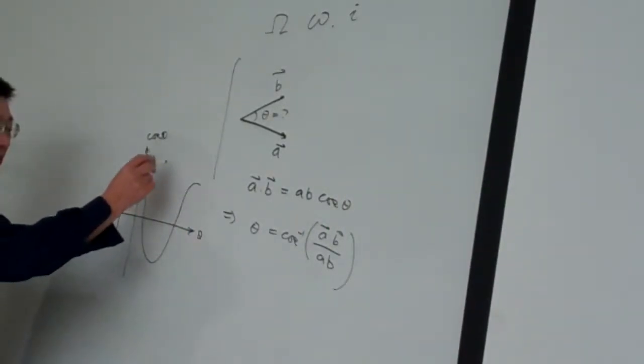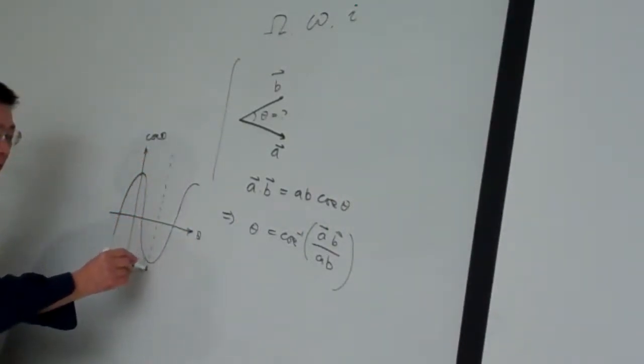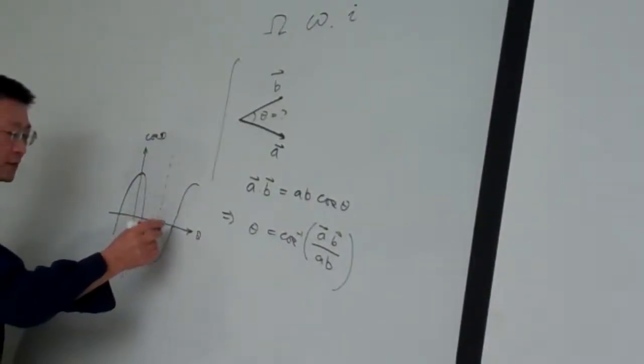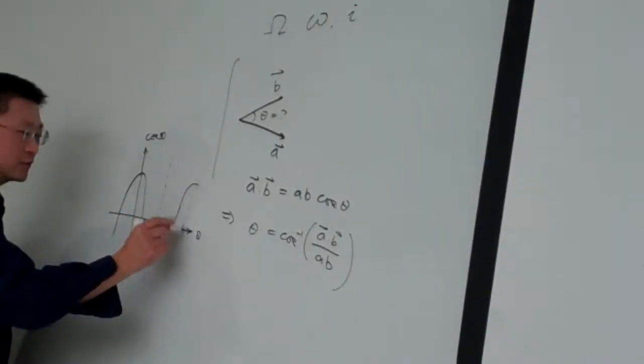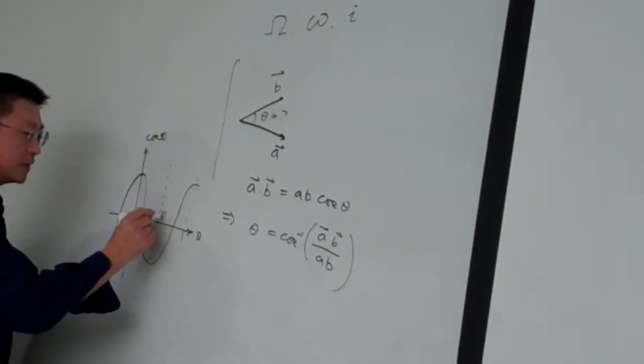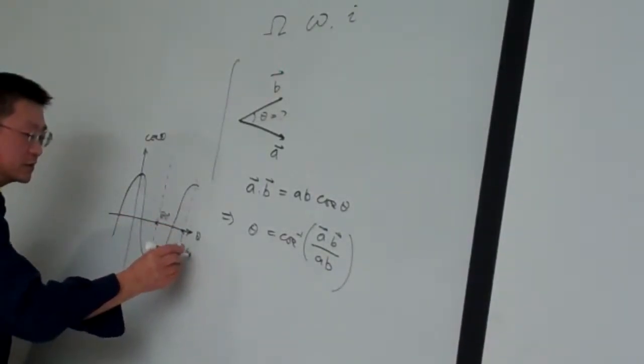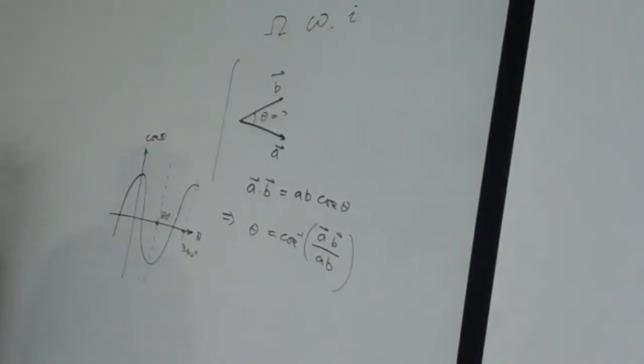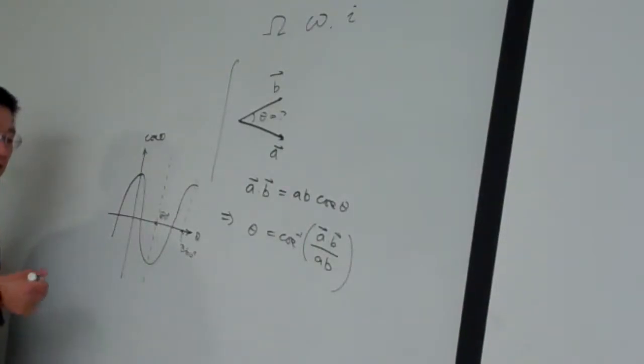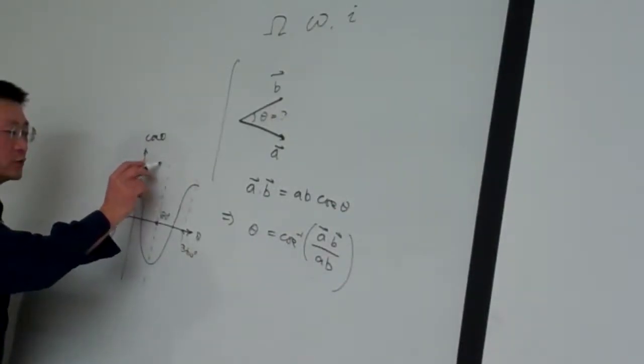Here, this is 180 degrees and this one is 360 degrees. Once we punch our calculators, the calculators will always give us a value in this range.